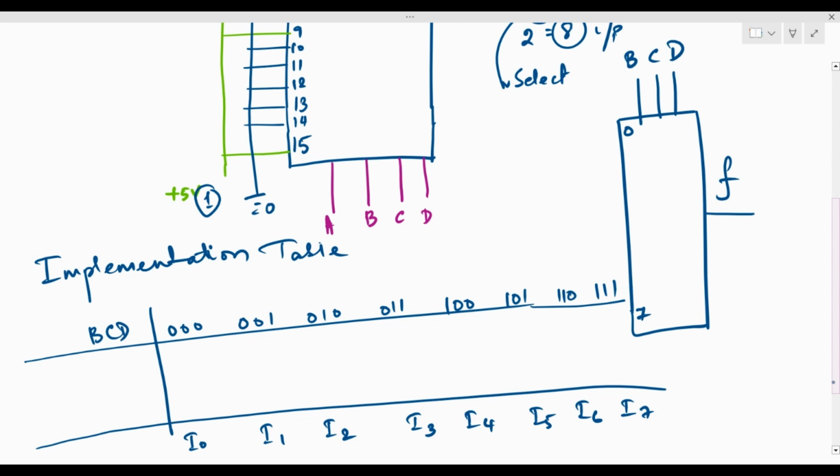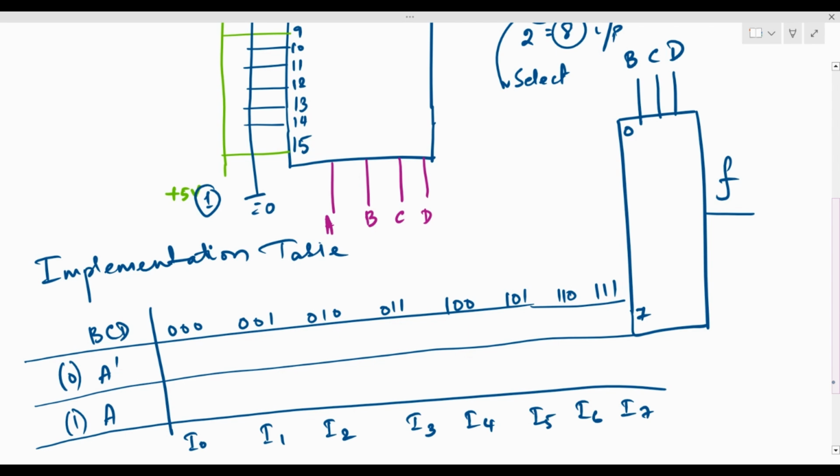Now there is an external input A which is also available. It could either be connected to these inputs in the inverted form A dash or directly as A. When it's in the inverted form, it would correspond to 0, and when it's directly connected, it is going to correspond to 1.